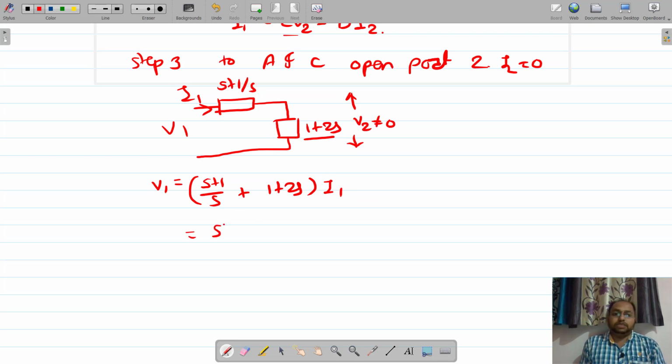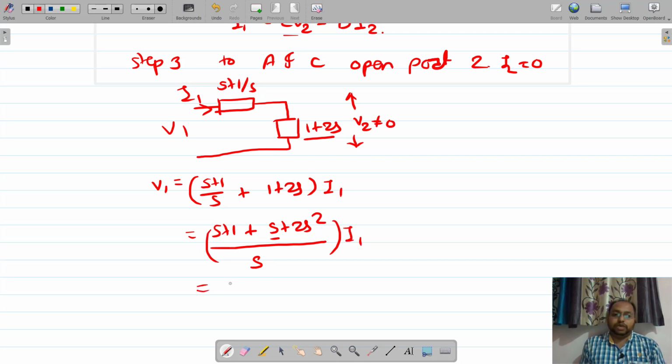Now let us do the cross multiplication so that we can make the denominator common. After multiplying by s, this is going to become s plus twice s square divided by s. Is that fine? Into I1.